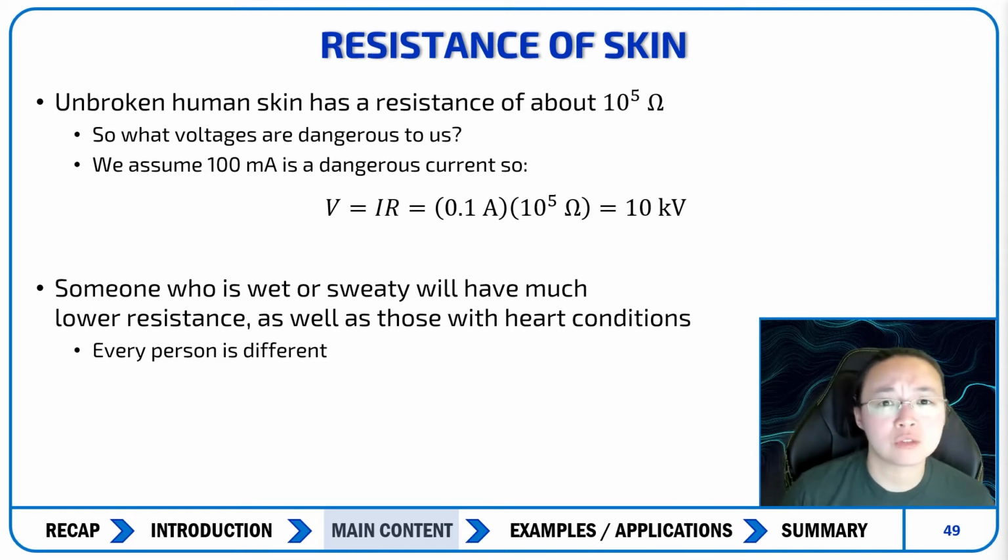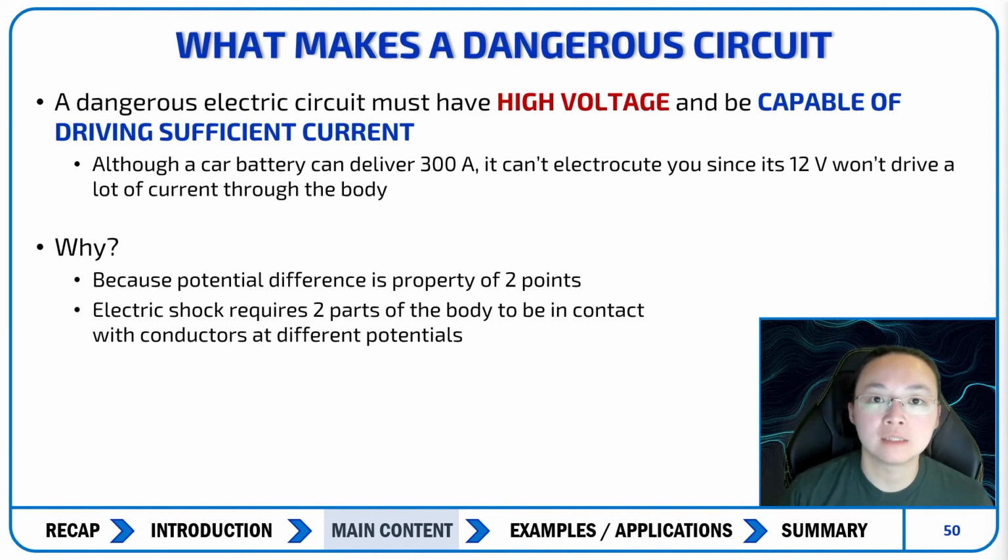So those are two different aspects to consider when we're talking about how dangerous voltages are, and how differences in day-to-day life, as well as the health of the person, will change the threshold for any dangerous consequences.